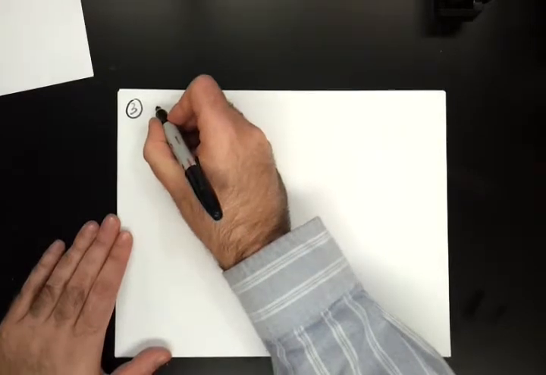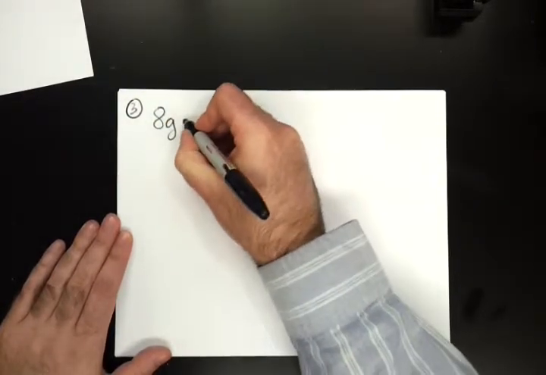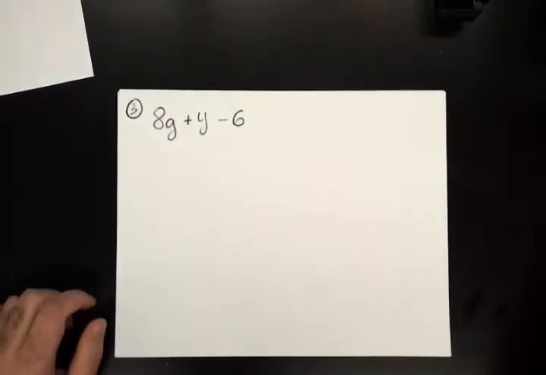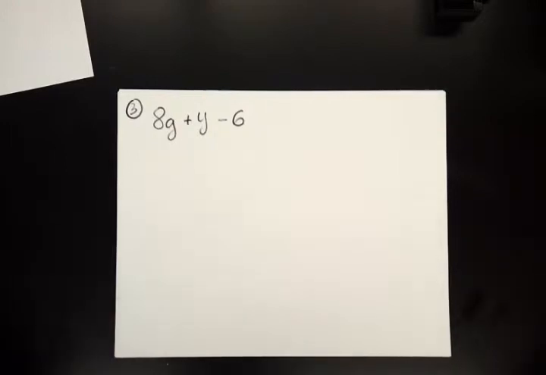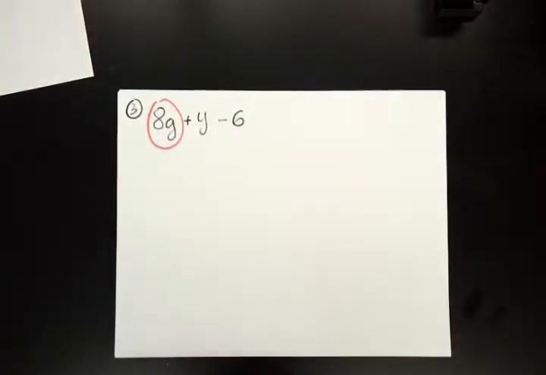So for number 3, we have 8g, and that's a g, plus y minus 6. Alrighty. We have 3 terms total, and we're going to see if we have any like terms, any terms that either are constants or they have the same letter variable. So here we have a g term. Okay.